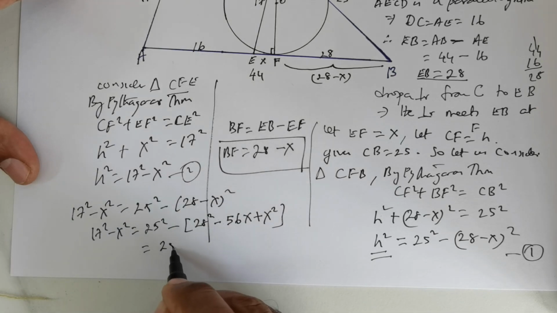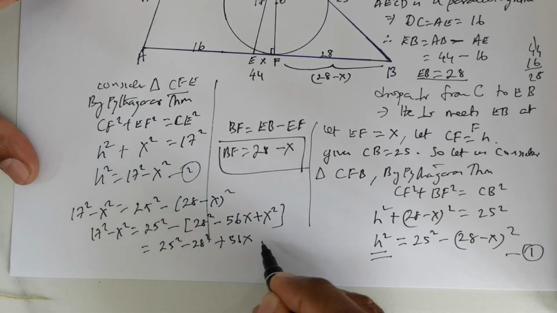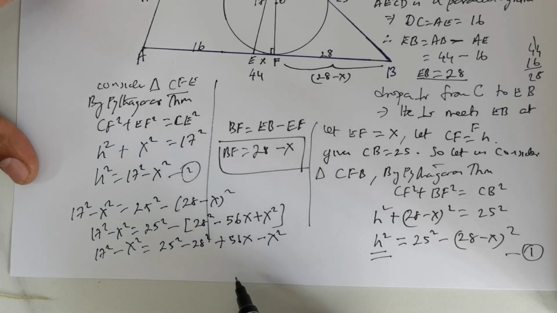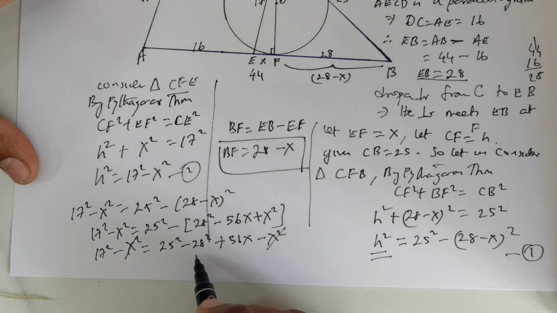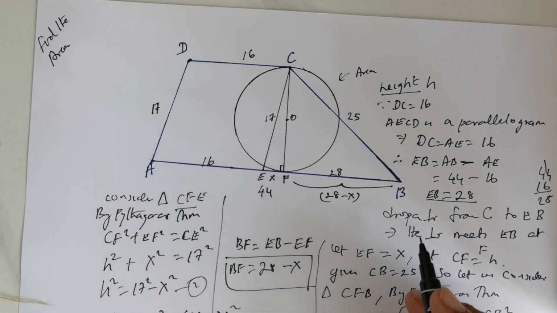So this is 25 squared minus 28 squared plus 56x minus x squared. So you got a negative x squared on both sides, so this and this can be cancelled, and you need to get the values. This is 25 squared, 28 squared, 17 squared. Now let me do that calculation. 17 squared.